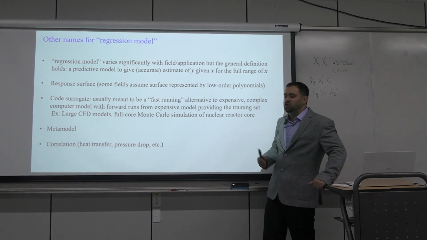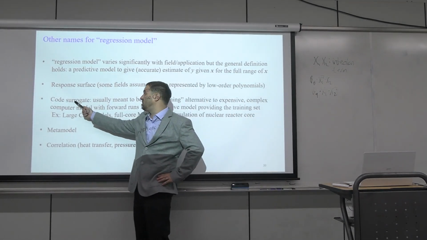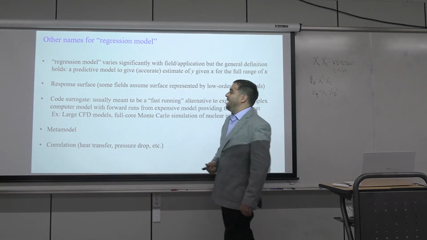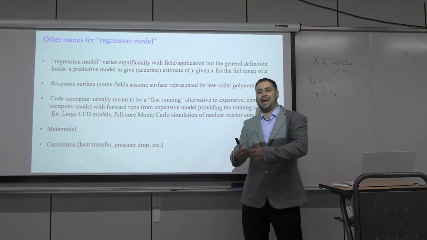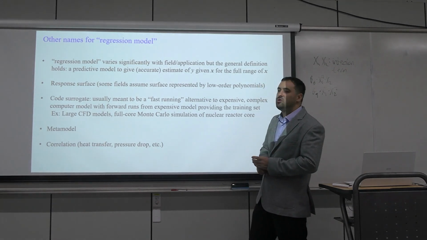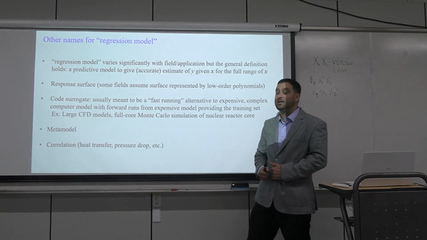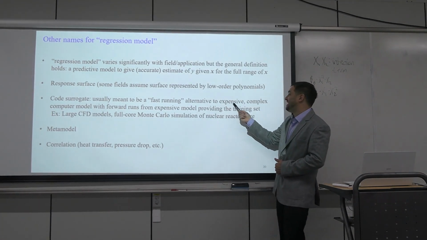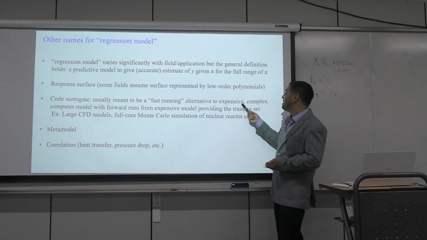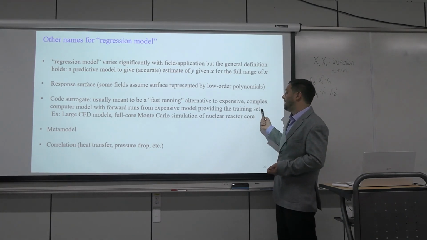Also, in the engineering fields where you're using computer simulations, these are sometimes called a code surrogate. And a surrogate is something that replaces something else. A code surrogate is usually meant to be a fast-running alternative to an expensive, complex computer model.